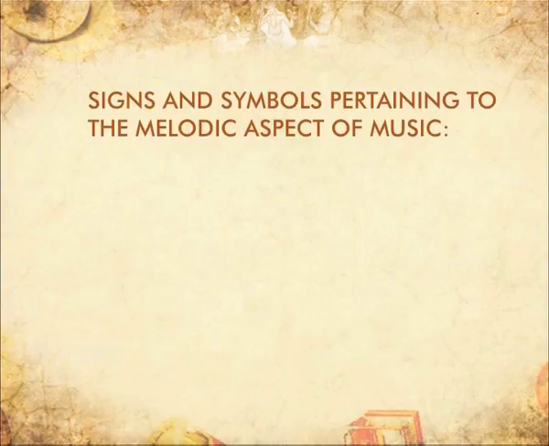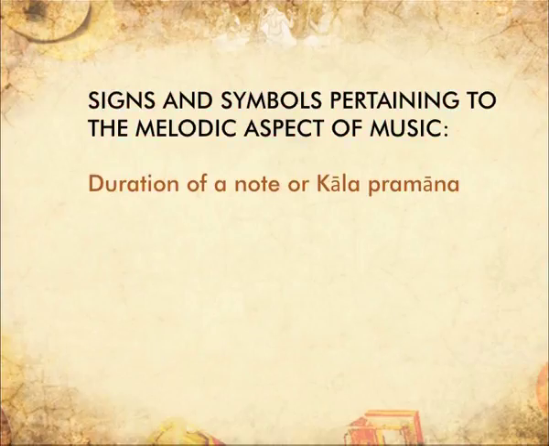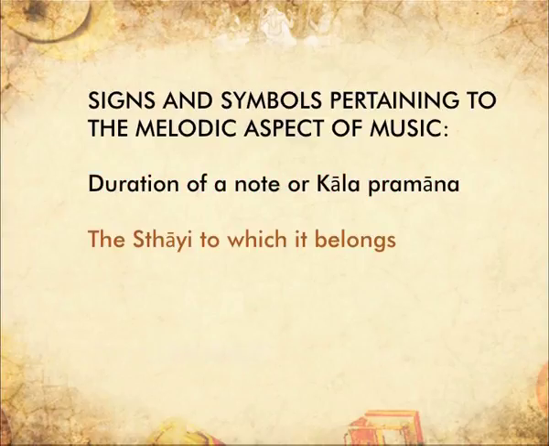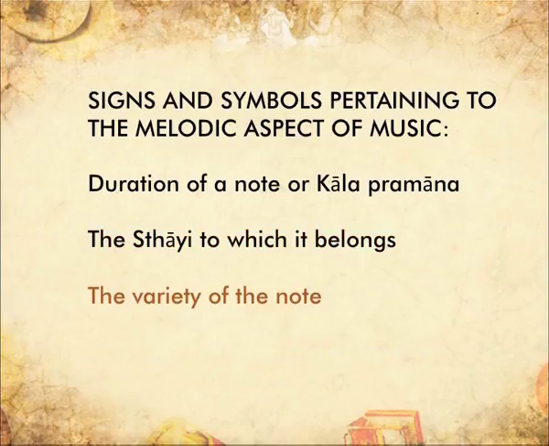Signs and symbols pertaining to the melodic aspect of music. Regarding the melodic aspect of music, the following have to be indicated: duration of a note or kala pramana, the sthai to which it belongs, the variety of the note, and other details.